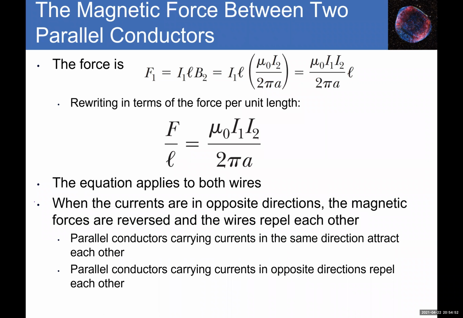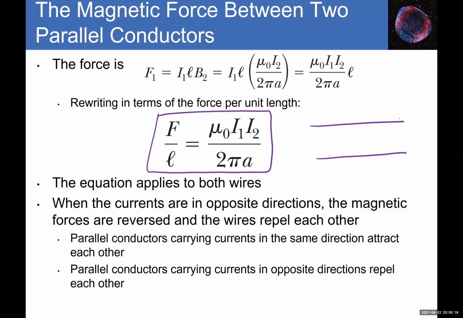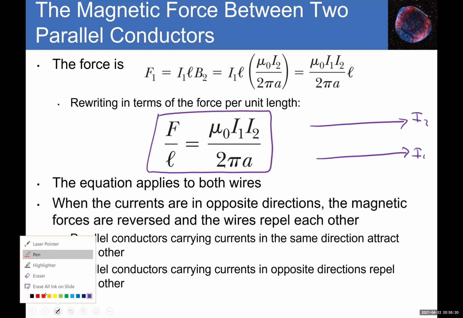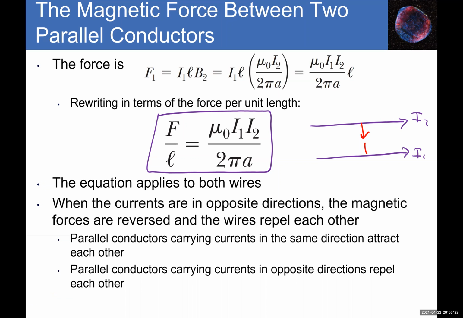So again, we basically end up with this equation. This equation applies to both wires, and when the currents are in opposite directions, the magnetic forces are reversed, and the wires repel each other. That means two wires with currents I1, I2 in the same direction will be attracted to one another.